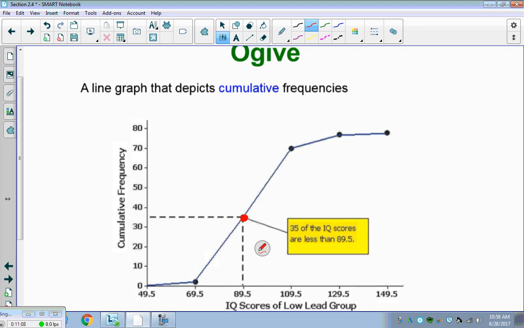Notice that it continues to go up because I'm adding on the numbers as I go. So if I look at this one, 109, and how many? Looks like about 70, close to 70, are under 109.5 for their IQ. That's how you read an ogive graph.